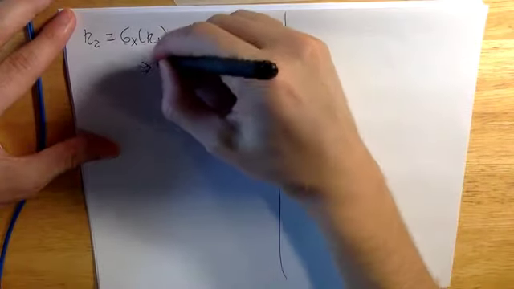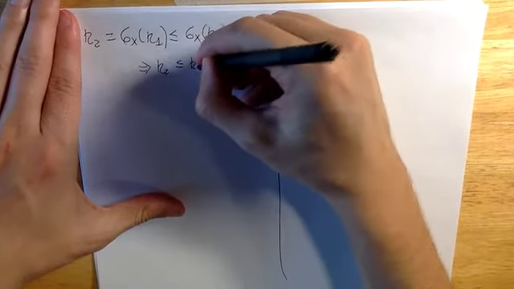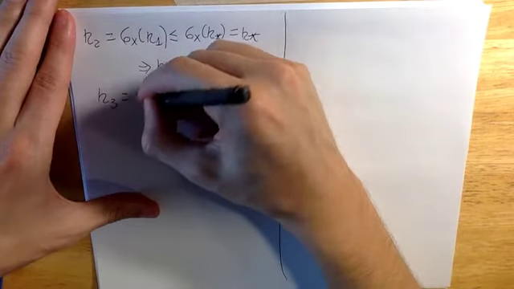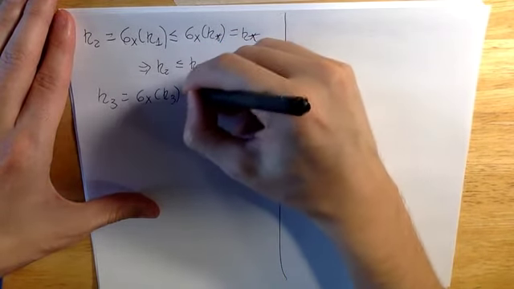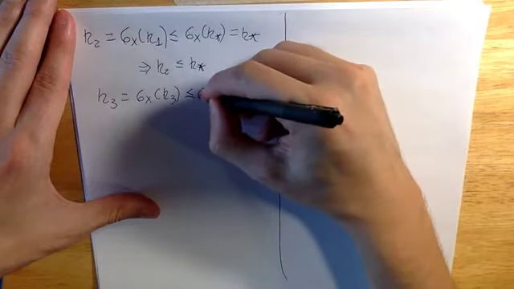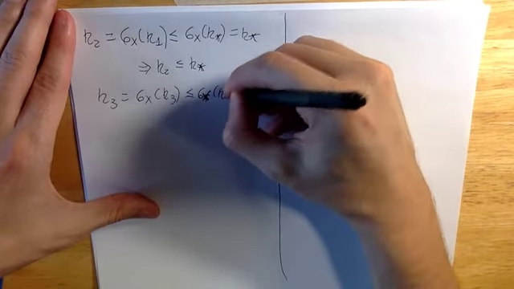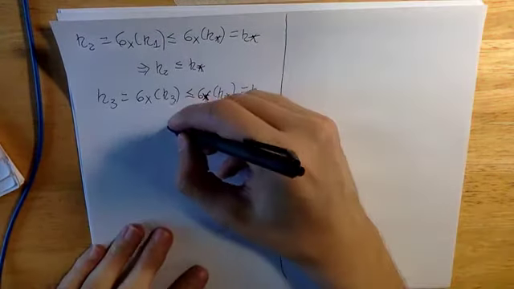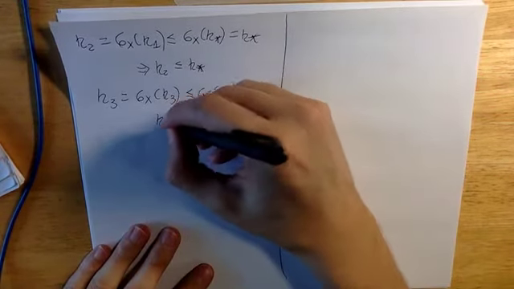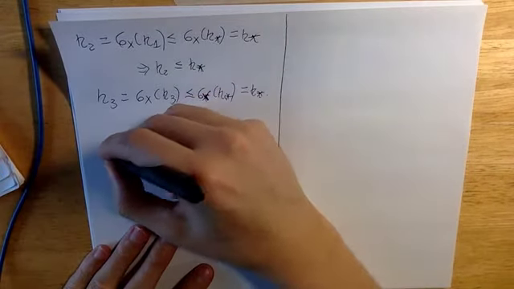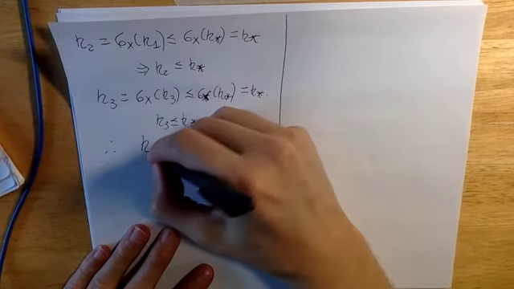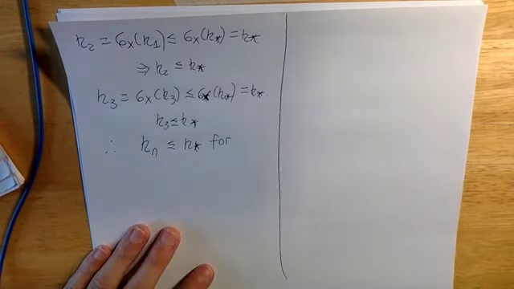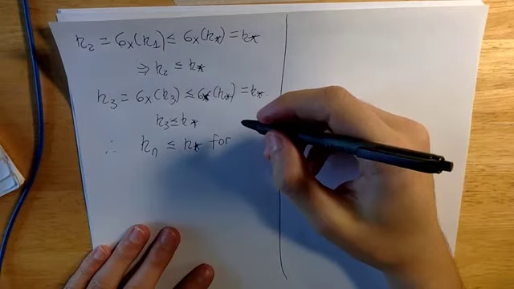So this implies that η₂ is less or equal than η*, and so now we realize that η₃, which is equal to g_X(η₂), is less or equal than g_X(η*), which is equal to η*. So in particular, η₃ is less or equal than η*. So in particular, η_n is less or equal than η* for every n.